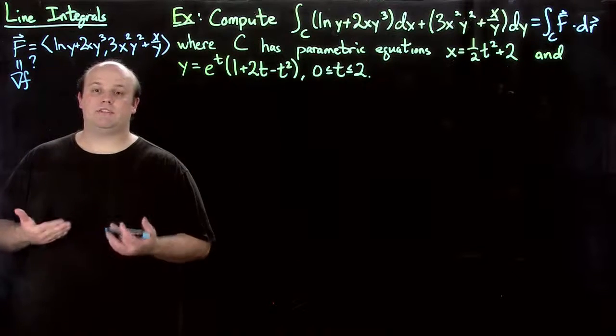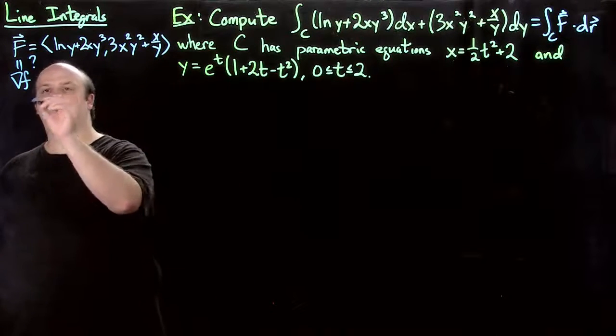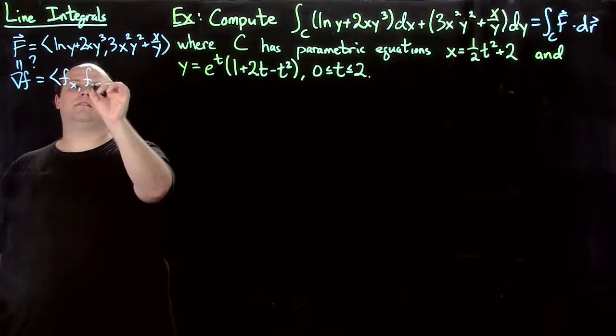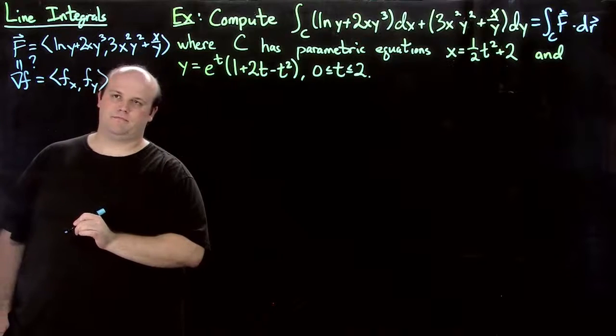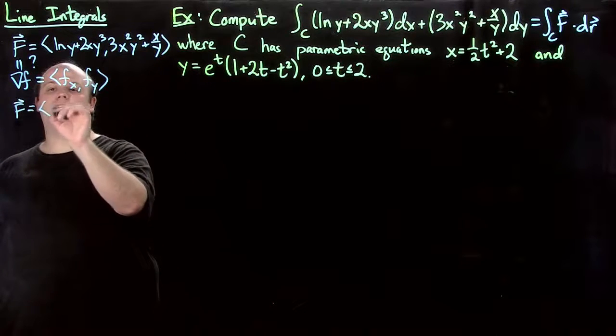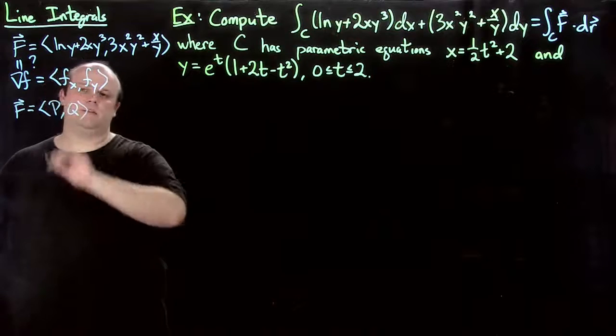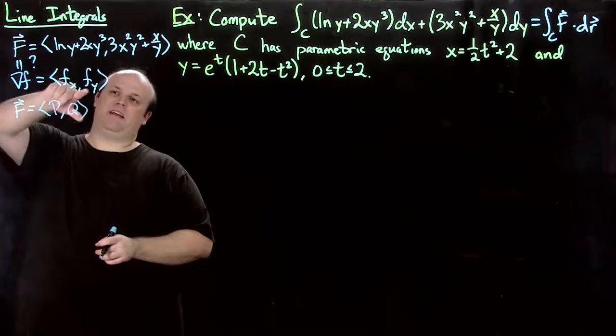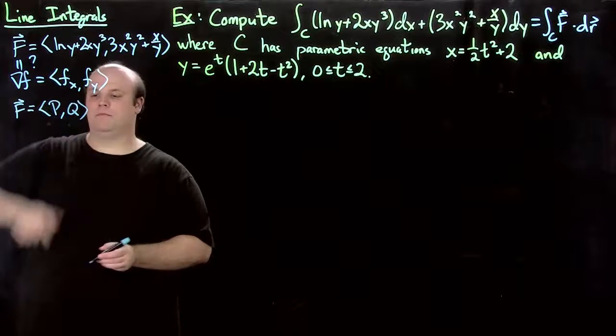So let's write down a general statement here. So the gradient of f is given by fx, fy. Okay? If we have a vector field F being P, Q, just sort of generally, that means fx should be P and fy should be Q.